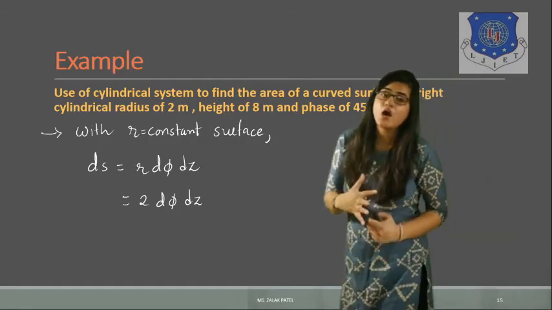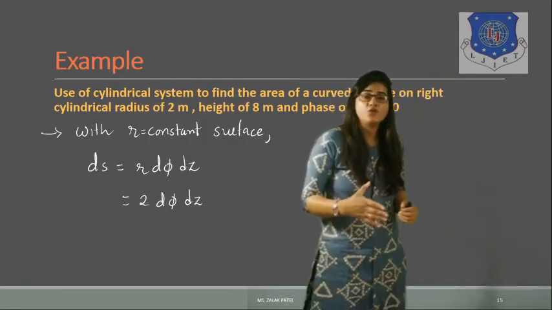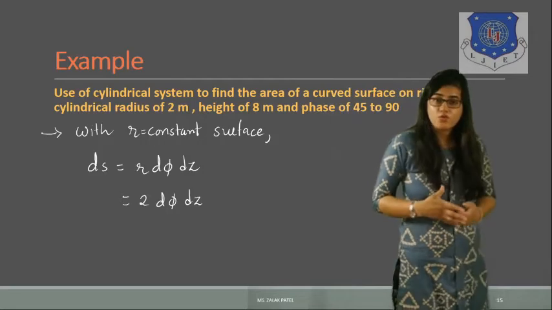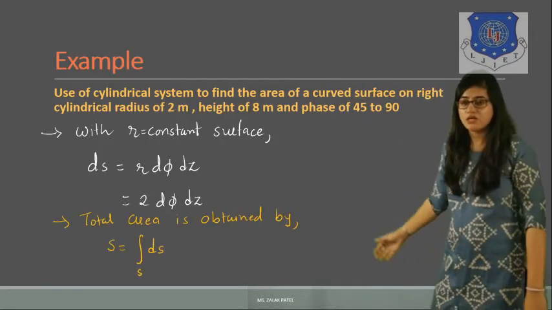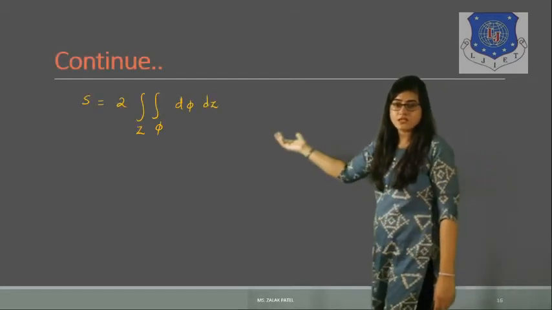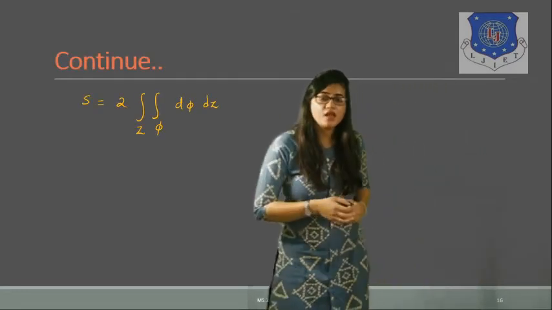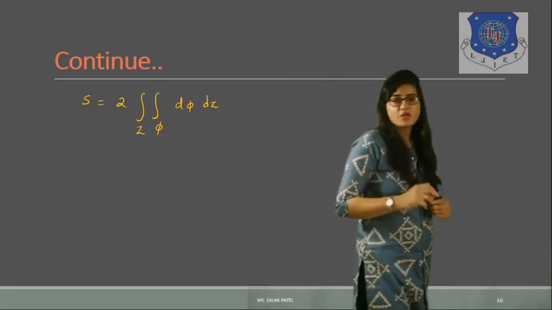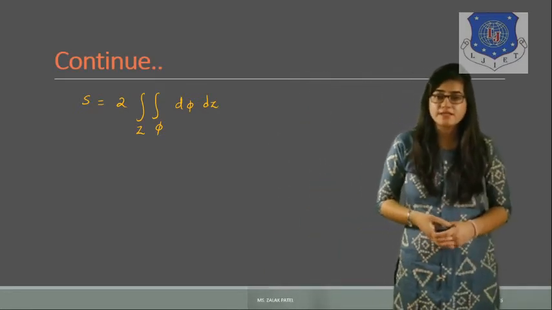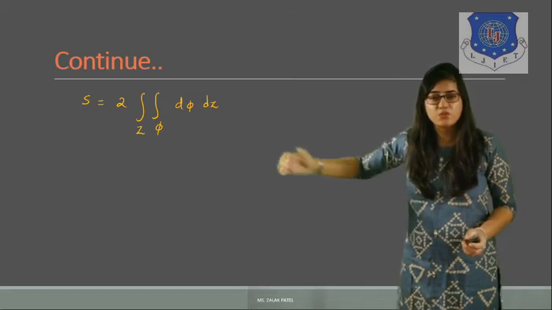Now we have to find the area, which means we have to do the integration over the surface. So the integration over the surface can be written like this: 2 times the integration, because area is there, with respect to phi and with respect to z, 2 into d phi into dz.